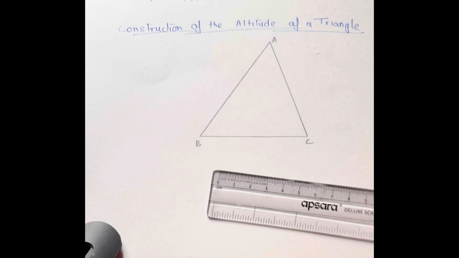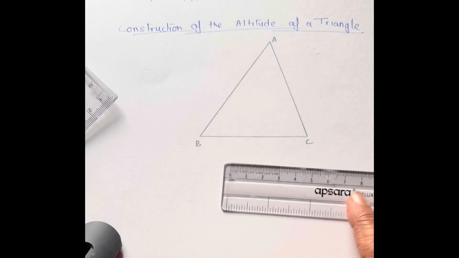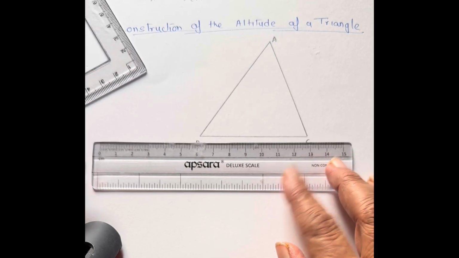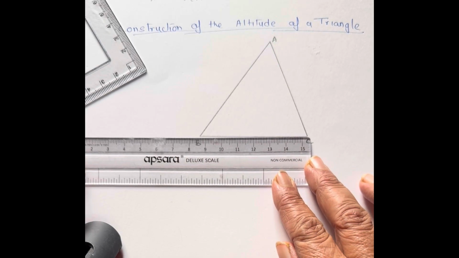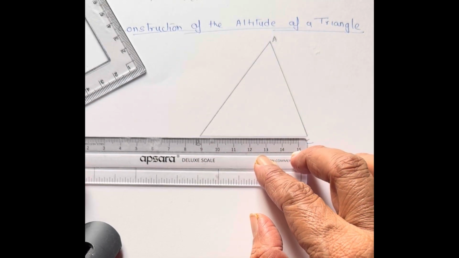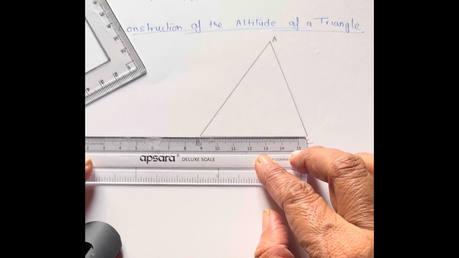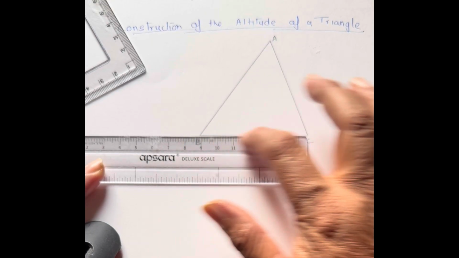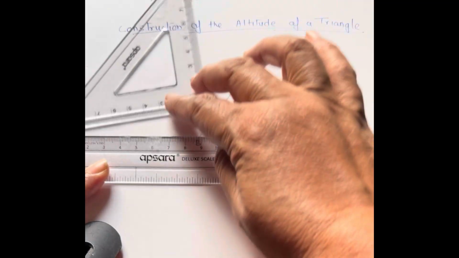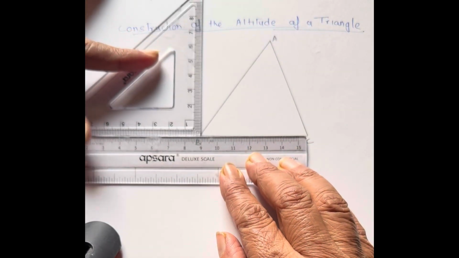You might always be asking what to do with this geometry box. So today we'll use that set square. To draw the altitude from the vertex A, first keep your ruler aligned with the baseline BC. This should be aligned first. Then keep your set square.